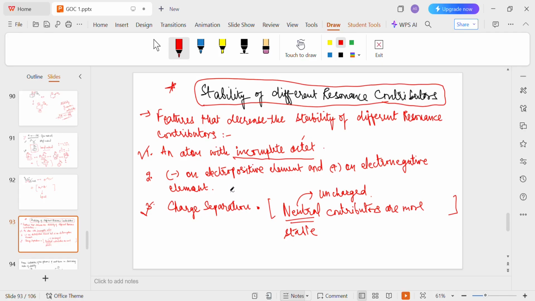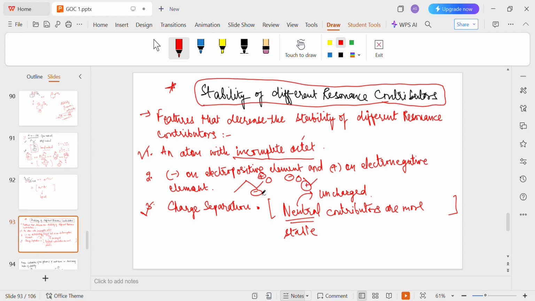Suppose you have a structure like this, and oxygen possesses a positive charge and carbon possesses a negative charge. Then this structure will be less stable as compared to if you have oxygen with a negative and carbon with positive, because oxygen is more electronegative than carbon.